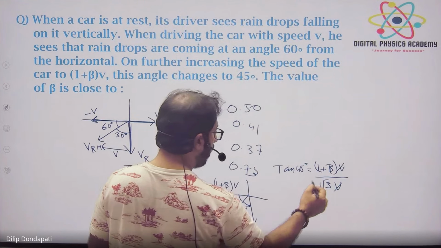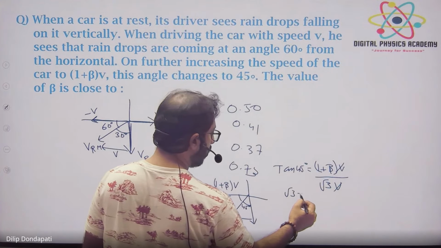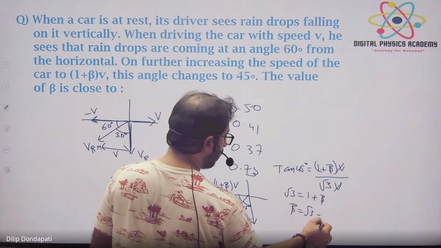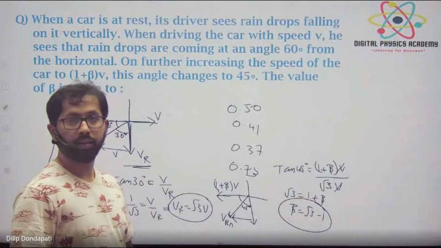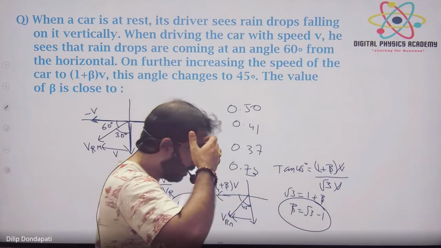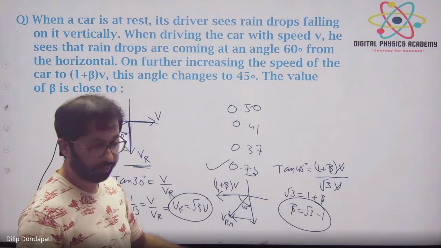So v cancels. Tan 45 is 1. Root 3 is equal to 1 plus beta. So beta is equal to root 3 minus 1. 1.732 minus 1, so the answer is 0.73.